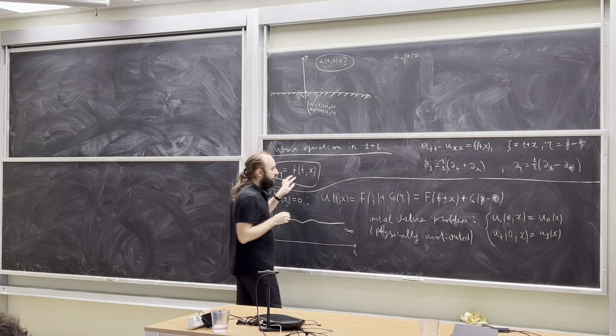Sorry. So this u0 of x will be f of x plus g of x.